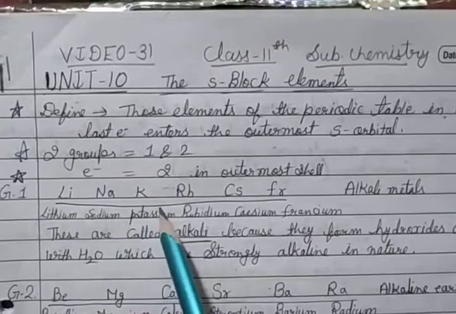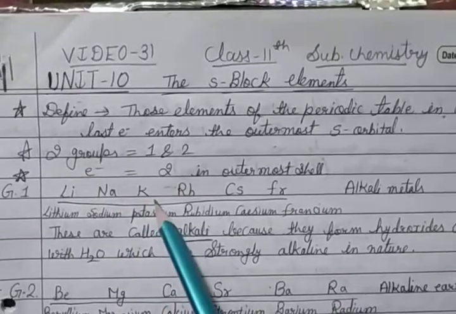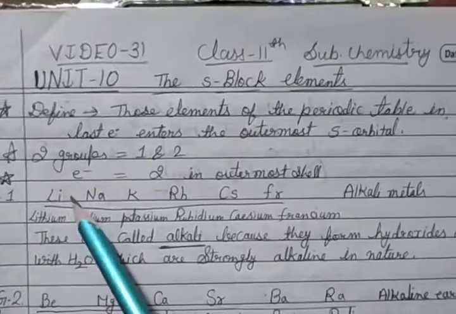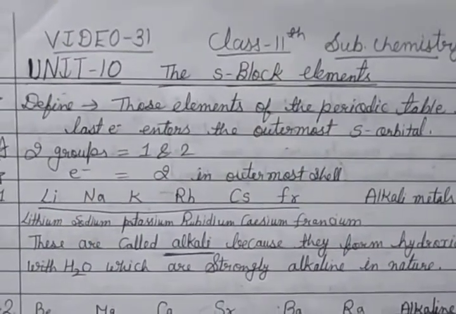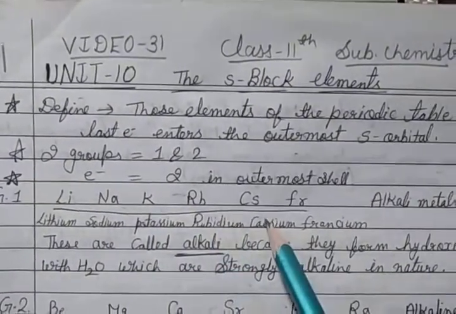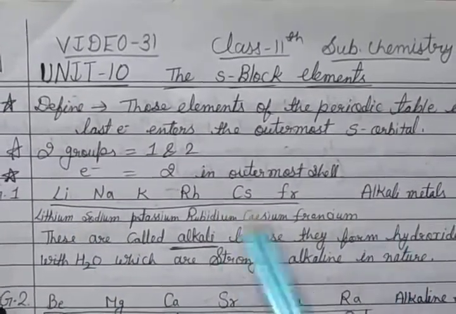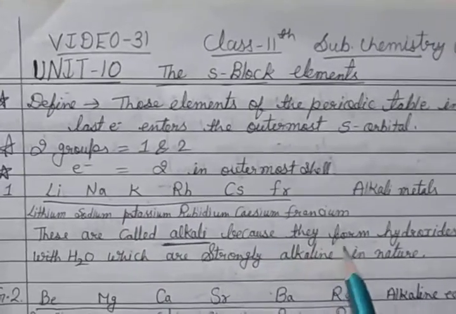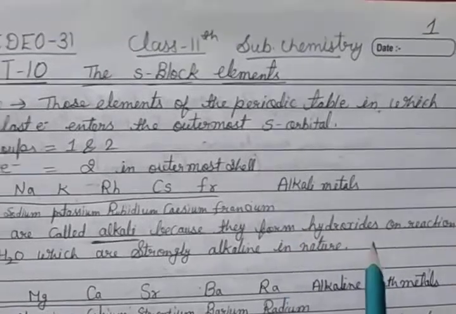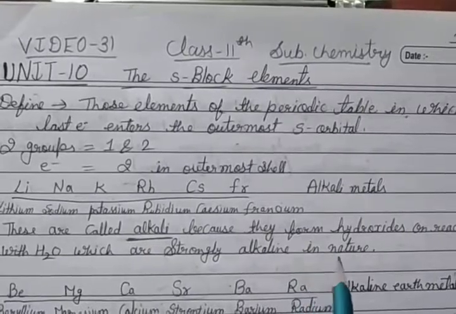Li, Na, K, Rb, Cs, Fr: lithium, sodium, potassium, rubidium, cesium and francium. These are alkali metals, because they form hydroxides on reaction with water which are strongly alkaline in nature.